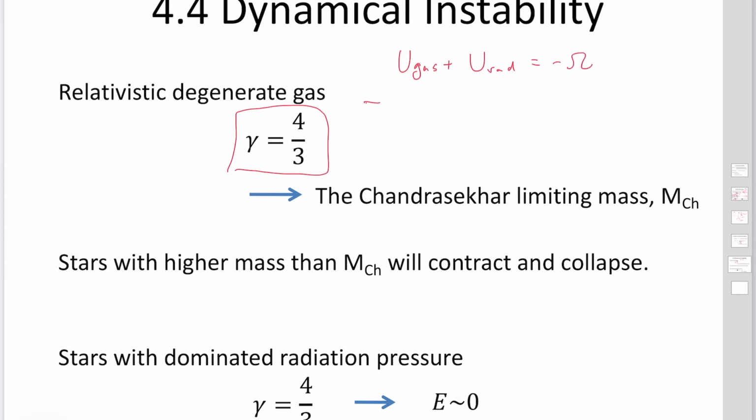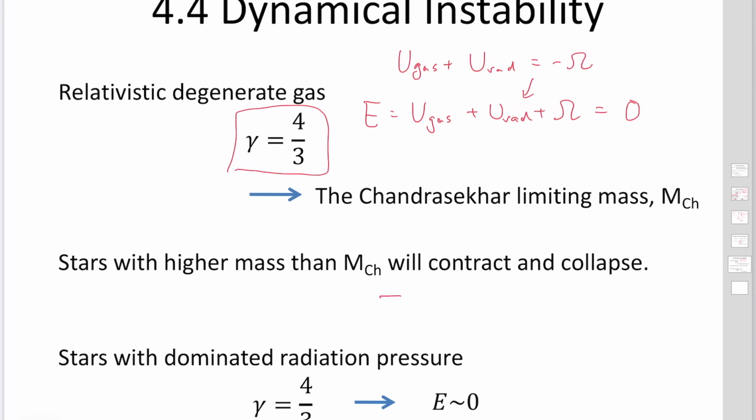So the total energy is U gas plus U rad plus omega, and you can substitute these relations here, it becomes 0. So for a star composed of relativistic degenerate gas, the total energy is 0. The star is not bounded, so it becomes dynamically unstable. This corresponds to the Chandrasekhar limiting mass. Stars with higher mass than the Chandrasekhar mass will contract and collapse.